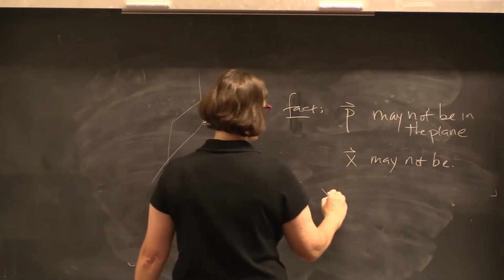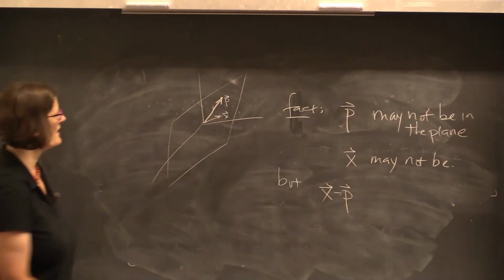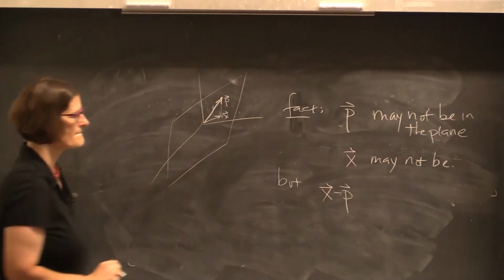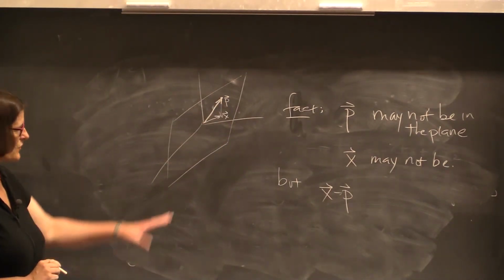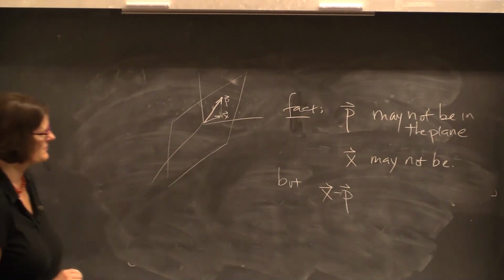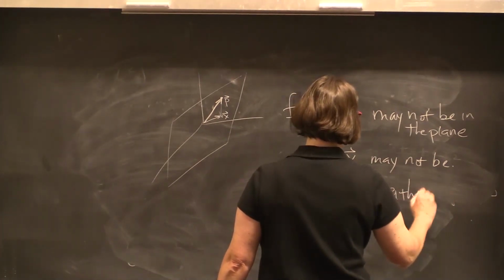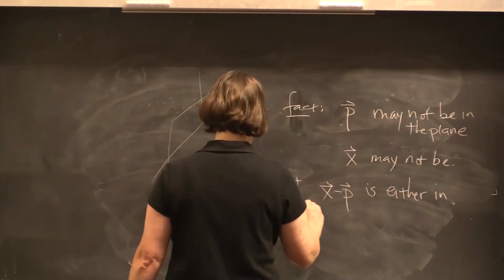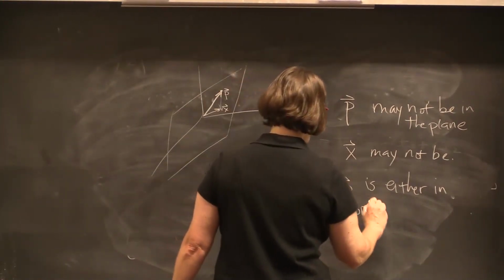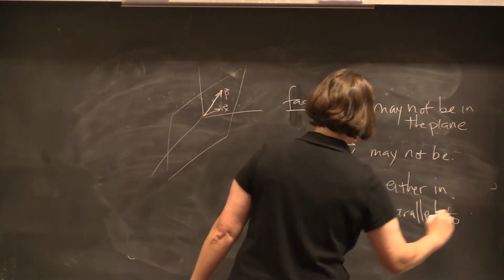But what about x minus p? So if I subtract these and I get that vector, that's going to be either in the plane or at least parallel to the plane. Either in the plane, that would be if the plane goes through the origin, or is parallel to the plane.